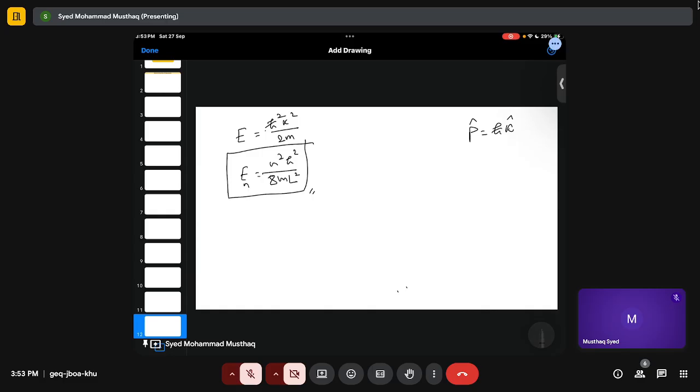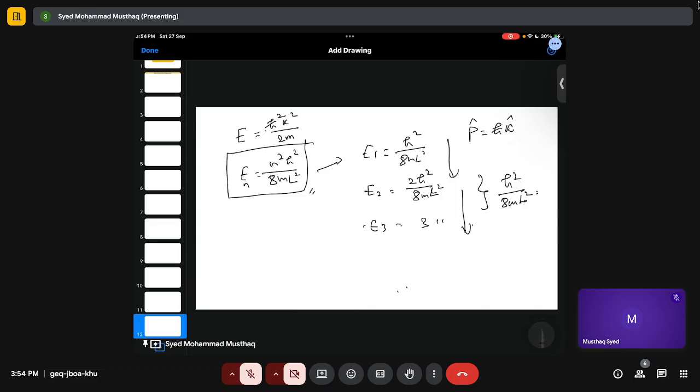And this will tell you the energy levels of electrons. If I tell you 1, then it is this. If I say it is 2, then the energy is increasing, and the difference is this. Right. So that means the energy is not evenly spaced.